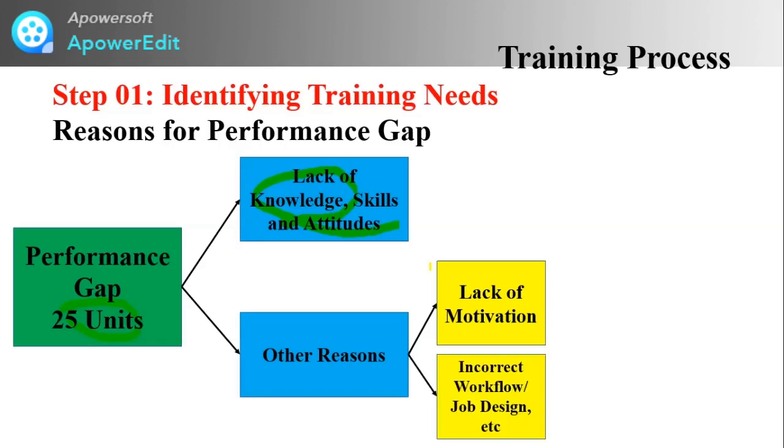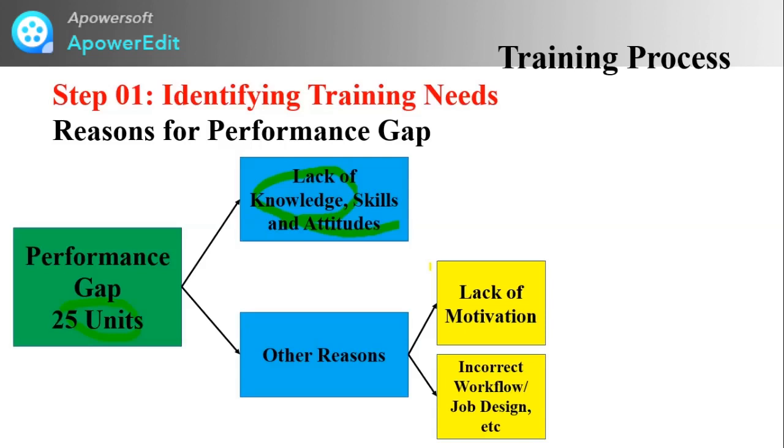The worker tries to achieve the target, but our workflow, our machines, our content of the job are not perfect. There are many errors. Therefore, the worker cannot achieve the 100 units.